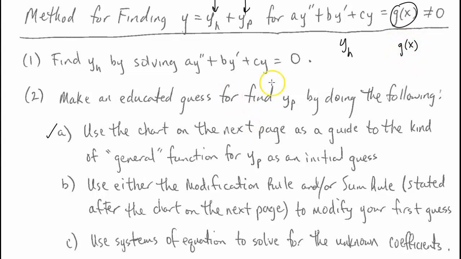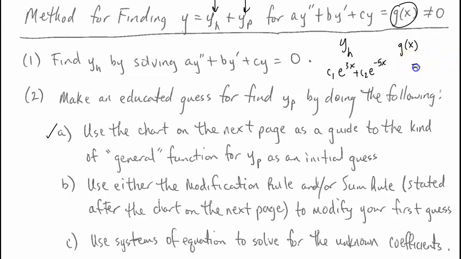So let's say, for instance, this had something like c1 e to the 3x plus c2 e raised to the minus 5x, something like that, then this case A is talking about if my g of x had a function that looked nothing like this.